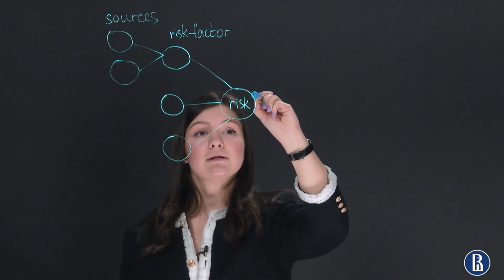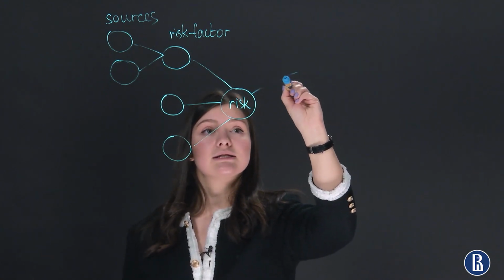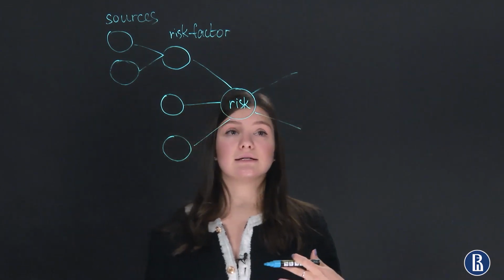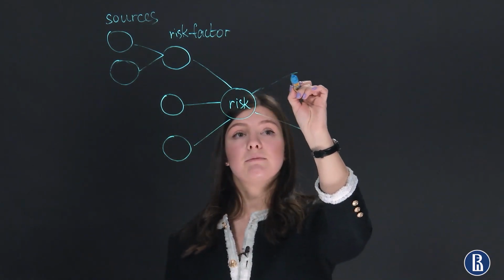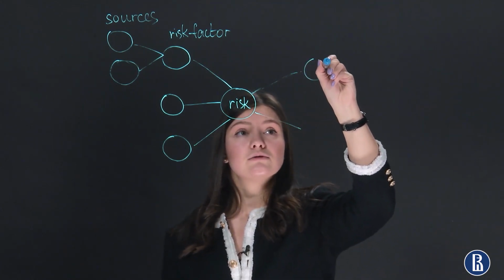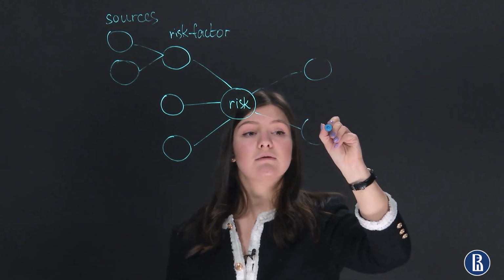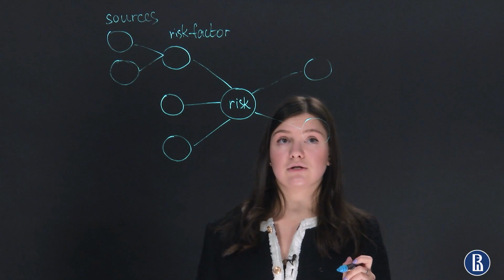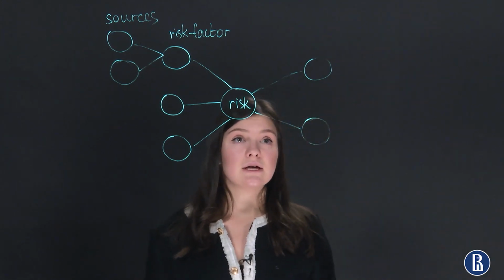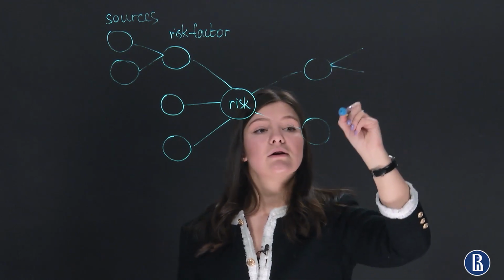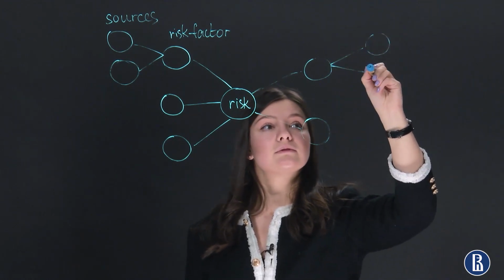At the right part, there can be some consequences of the risk. Consequences are connected with what will happen when the risk occurs. They can be financial or non-financial, and these consequences could influence financial KPIs of the organization, for example.